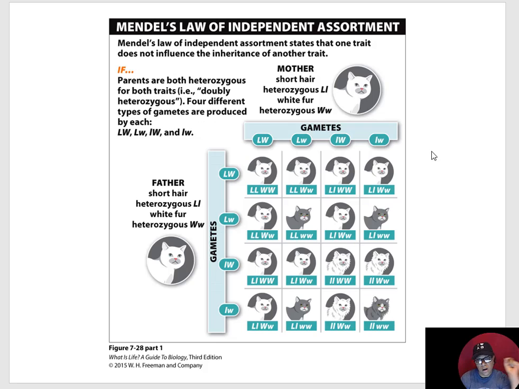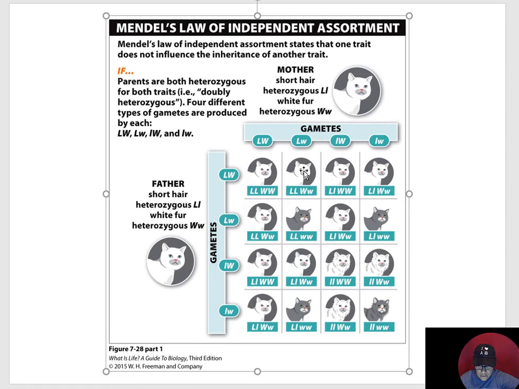When you are working with 2 genes, you have to make 16 boxes. 1, 2, 3, 4. 1, 2, 3, 4. 4 times 4 is 16. So there are 16 boxes here. When we look at the possible gametes produced by 2 genes, when the individual is heterozygous for one and heterozygous for the other, same thing here.